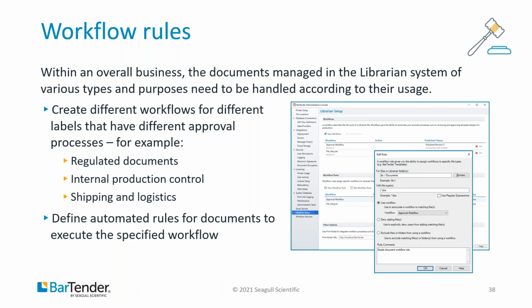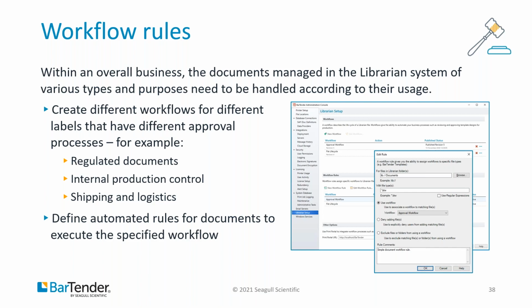So as you see there in the screenshot, you can specify by location of where the file is stored and by file type. So for example, a BTW or a BarTender document or some other type of file.